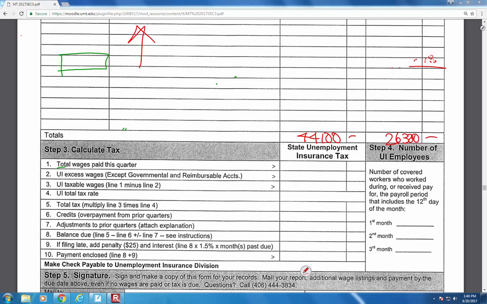The difference, right? I paid 44.1. Total wages paid this quarter, line 1: 44.1. Line 2, UI excess wages: 26.3. Line 3, UI taxable wages, the difference between the two numbers.